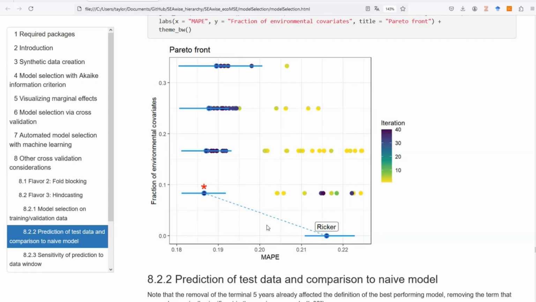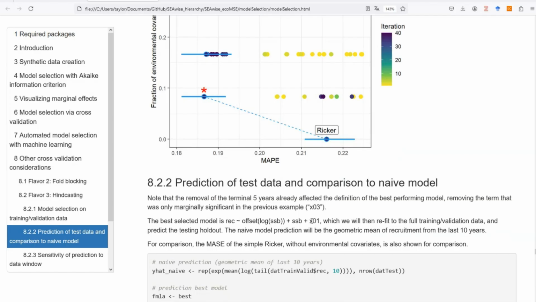So this just has the X01 left in it, and our other covariate that's technically part of the relationship drops out. Either the signal wasn't strong enough, or maybe there was important information that was only in the final years, but in any case, it drops out.